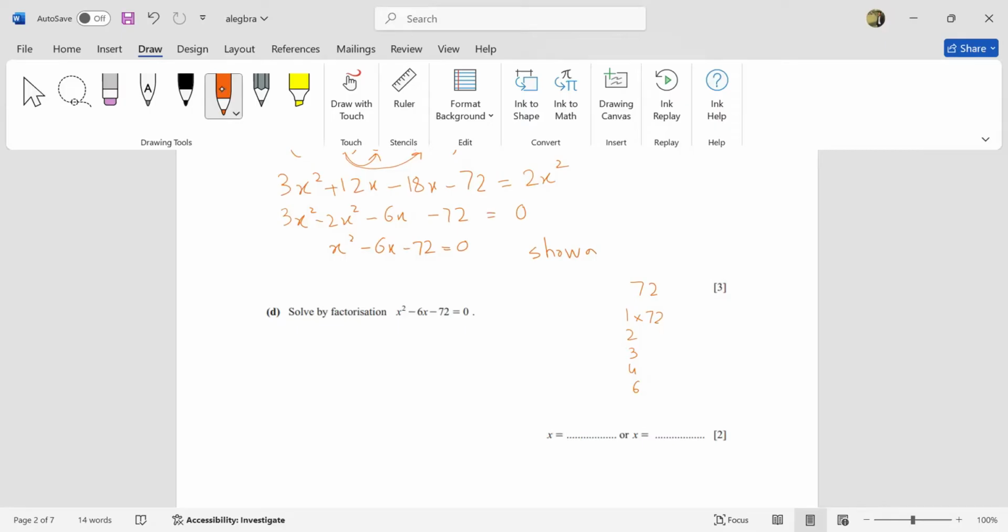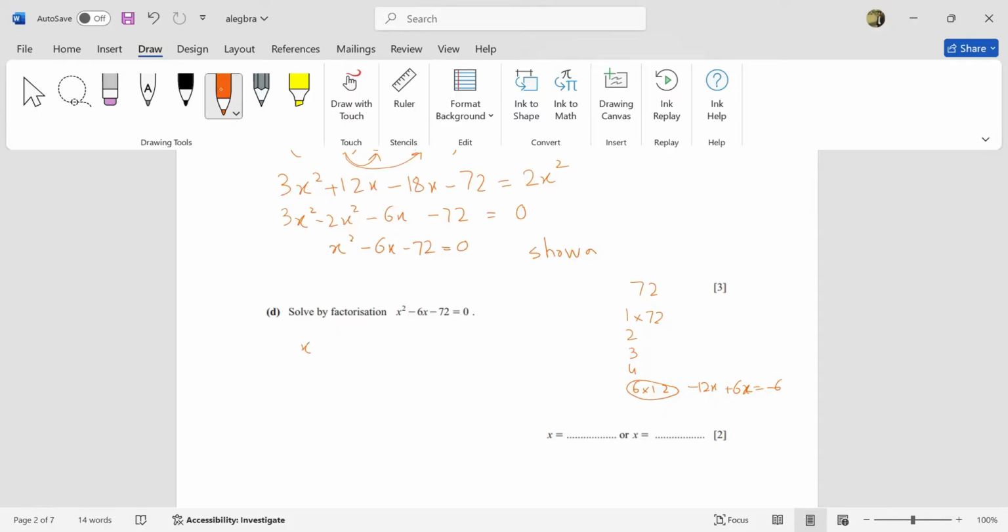That will be an acceptable one. Your middle term is minus 6. So if I choose this one, minus 12x and plus 6x will give me minus 6. And if I multiply 12 with 6, it's going to give us 72. So this is the correct factor chosen.